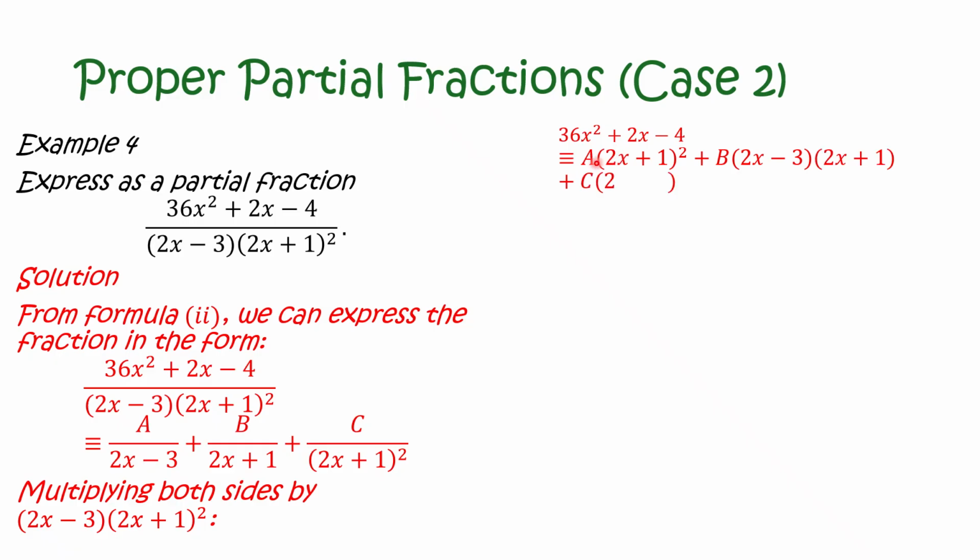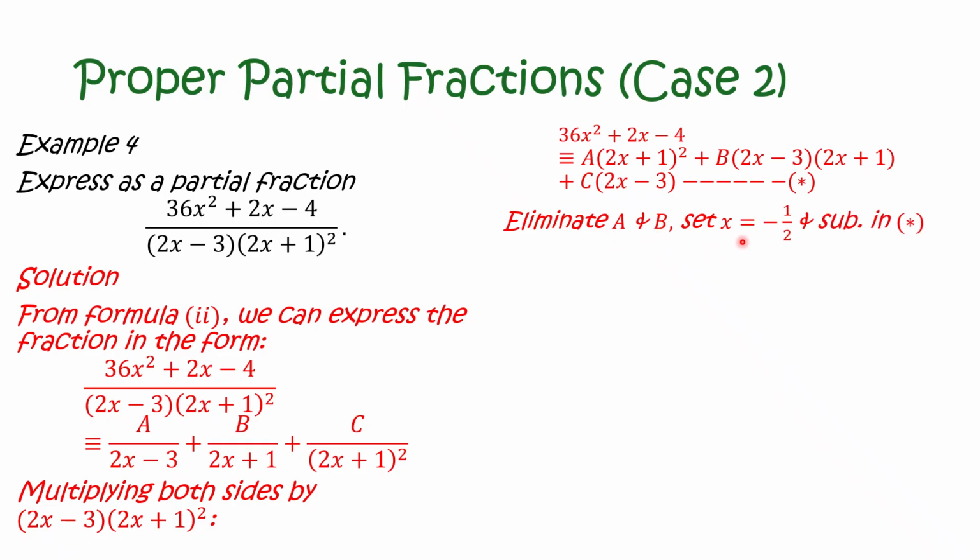So in doing so, we are going to multiply both sides by (2x minus 3) times (2x plus 1) squared, so that we have 36x squared plus 2x minus 4 being equivalent to A times (2x plus 1) squared plus B times (2x minus 3) times (2x plus 1) plus C times (2x minus 3). That will be labeled equation star.